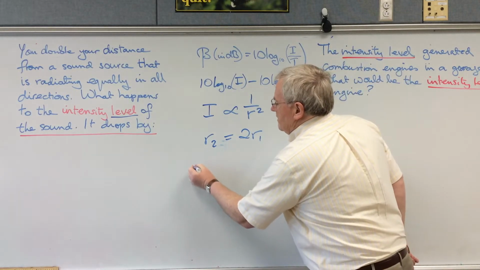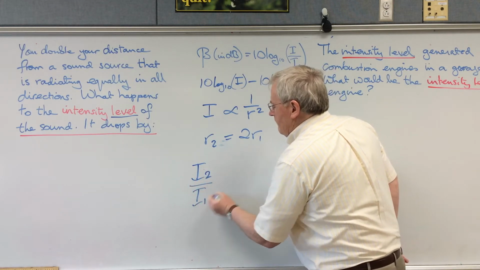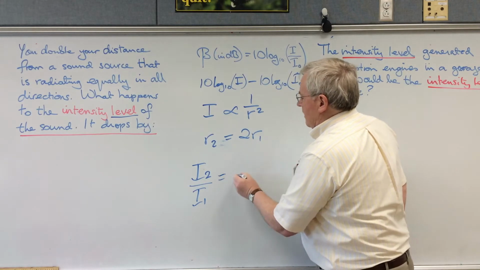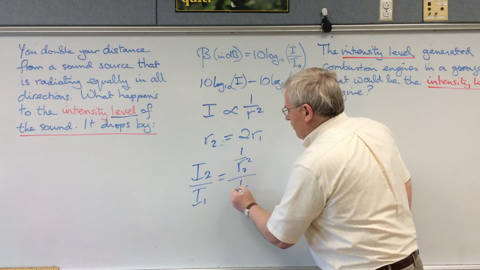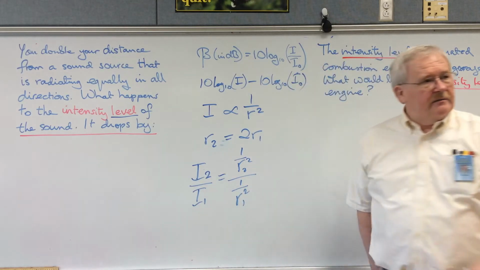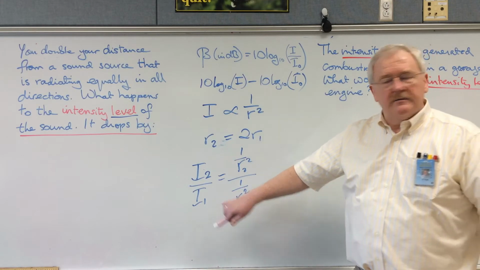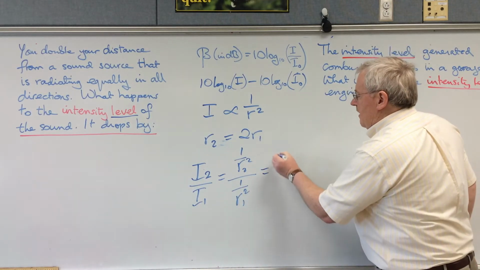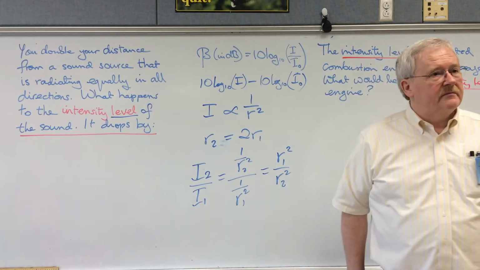What we can do now is take a ratio. I2 over I1 is going to be 1 over R2 squared over 1 over R1 squared, because the constants of proportionality cancel out. That's the same as R1 squared over R2 squared.